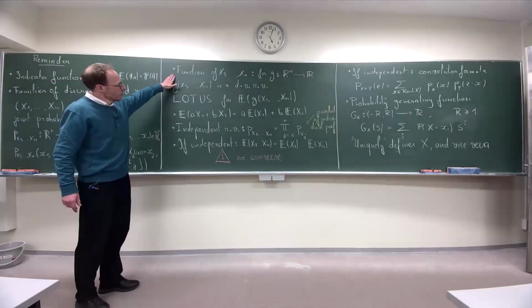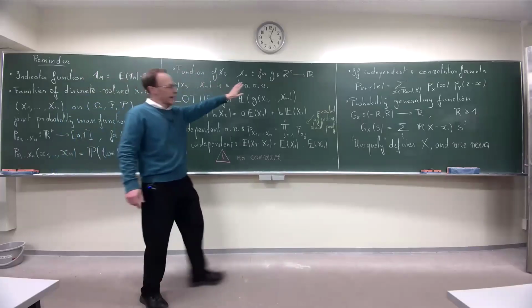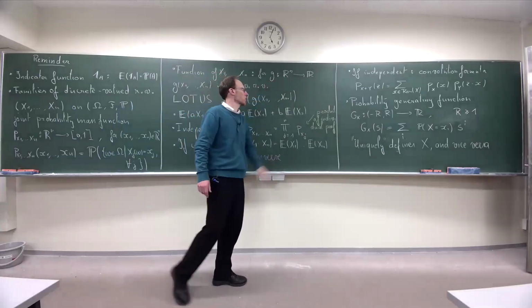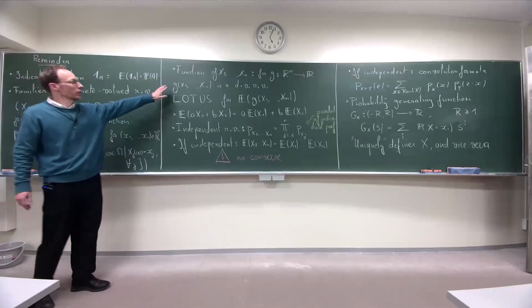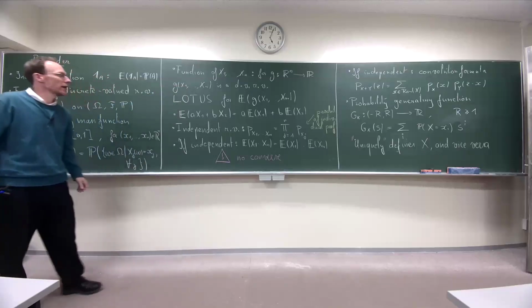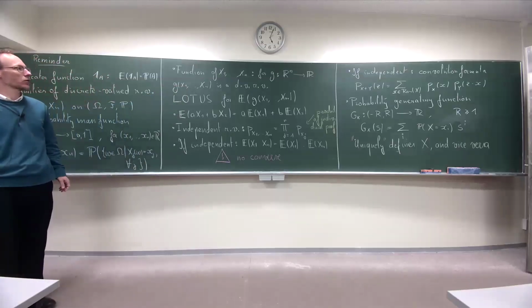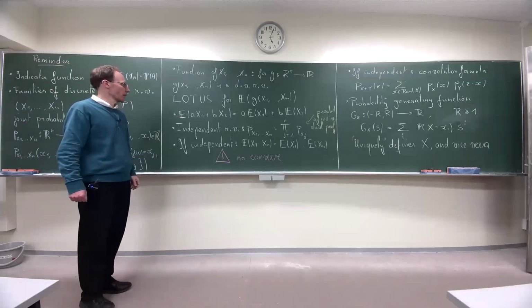You can also define a function of these n discrete valued random variables. You take any function g from R^n to R, no condition on g. If you do this composition, you can define g(X1, ..., Xn), it's a new function from Omega to R. So it means it's a discrete valued random variable.